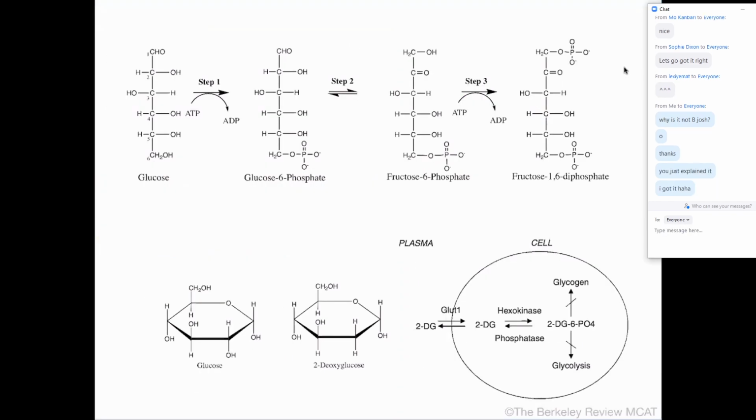So here's the first step, okay? So here's glycolysis, which we're going to get into in a sec, but just to have it here. Glucose goes to glucose 6-phosphate by hexokinase, right? And then glucose 6-phosphate goes to fructose 6-phosphate by isomerase. Okay.